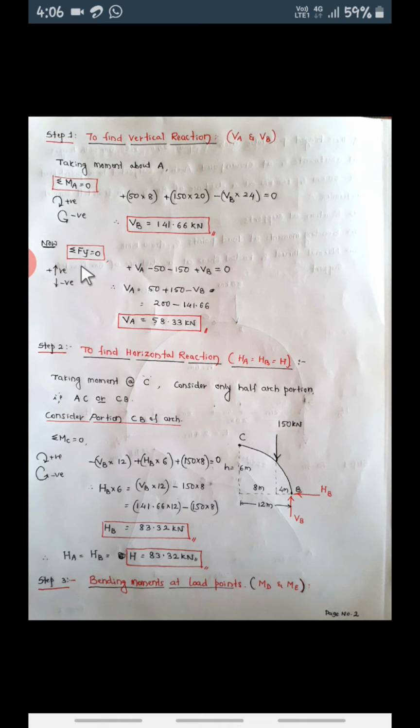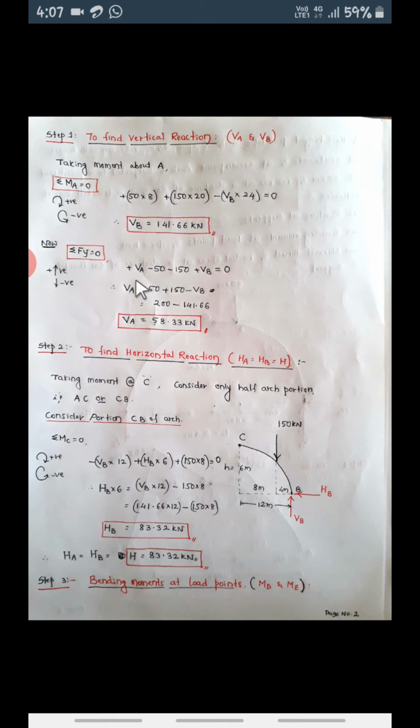Now similarly, another equation we use is summation Fy equal to 0. The sign convention: upward force positive, downward force negative. The vertical forces are VA, 50 kilonewton, 150 kilonewton and VB.